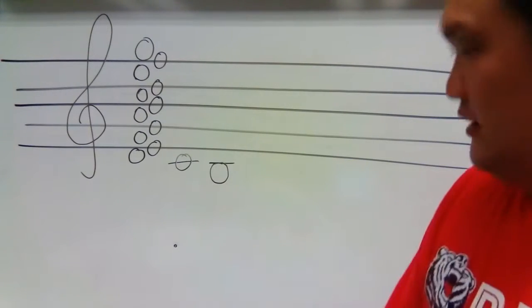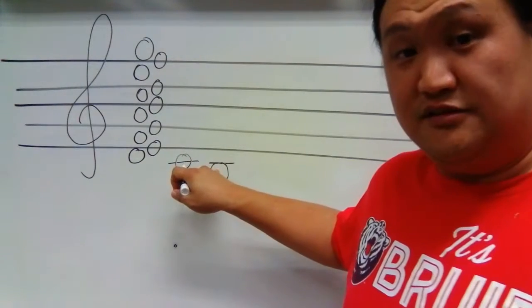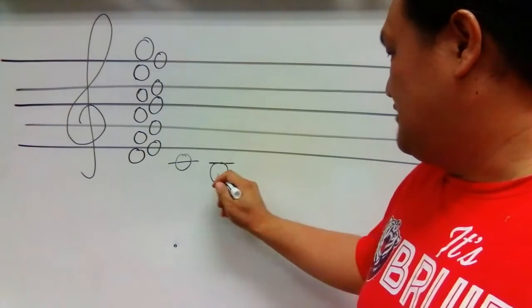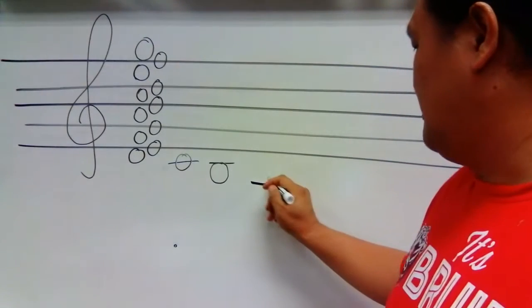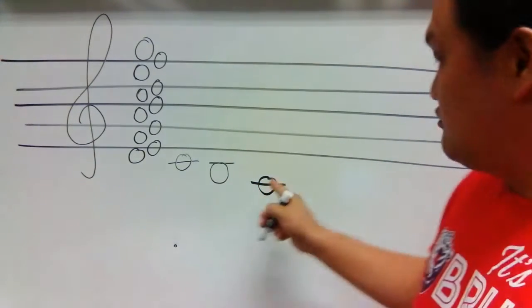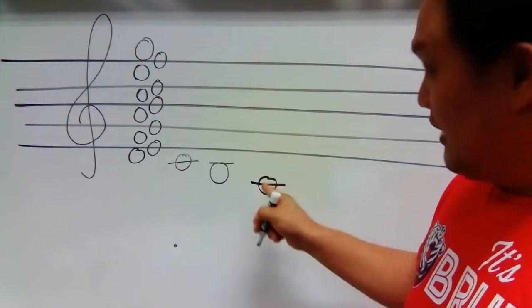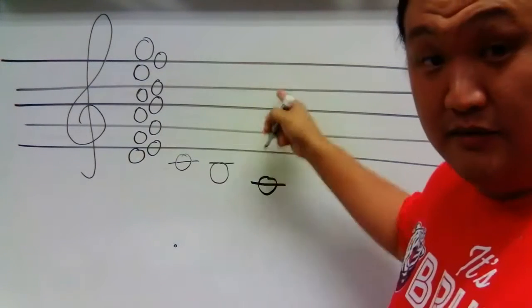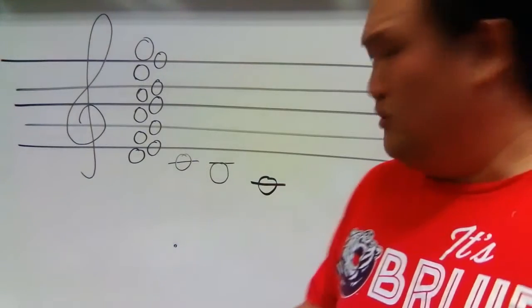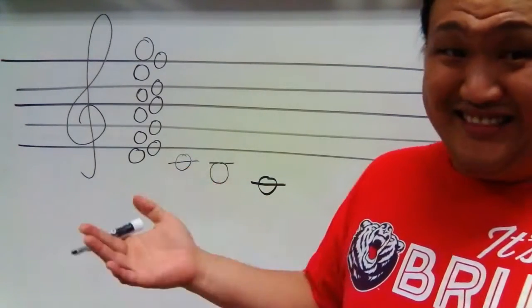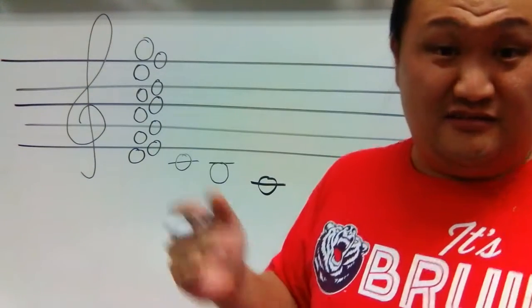Now, the next one, that's a B, so one below B would be an A, right? Well, B is on a space, so therefore A should be on a line. But here's the problem. If I draw it like this, I know that it's on the line, but I only see one ledger line below that staff. So how is this different than a C? Nothing, other than that it's located a little lower.